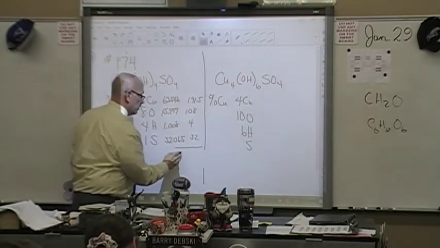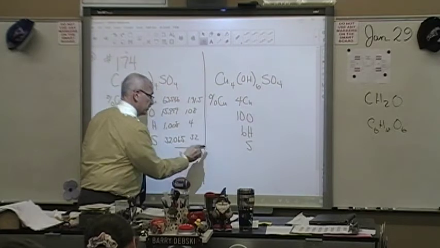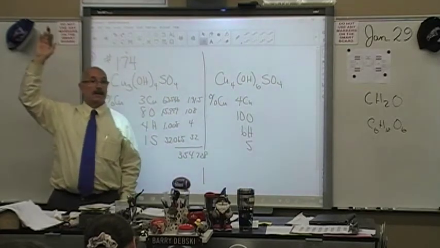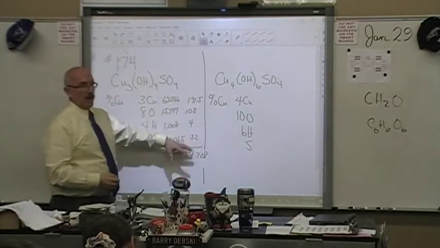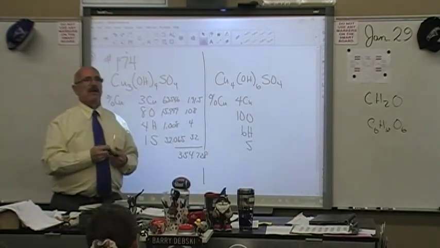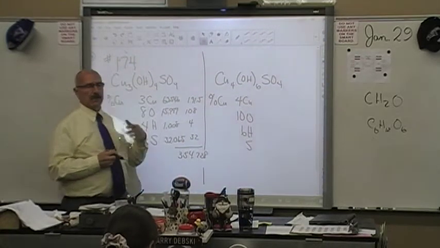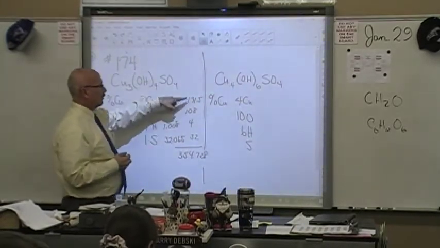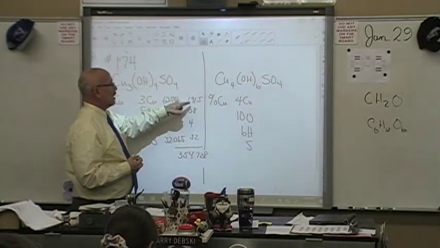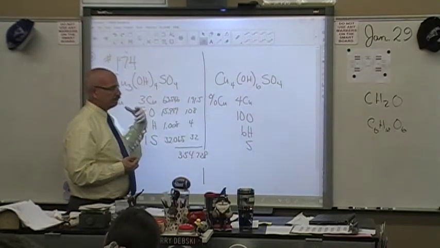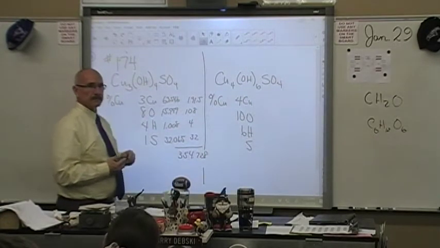Olivia? 354.728. Let's see, anybody agree? Disagree? Look good? We can ballpark it by rounding off just to double check our numbers. If you see me round off, I wouldn't do that on the test or quiz. 144 plus 191, 330. Something like that.